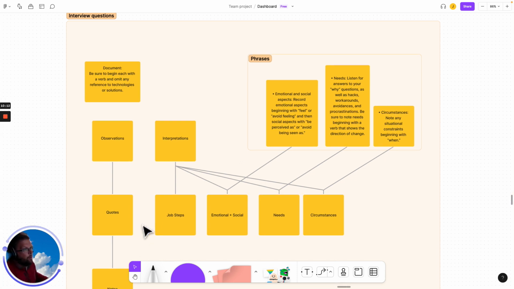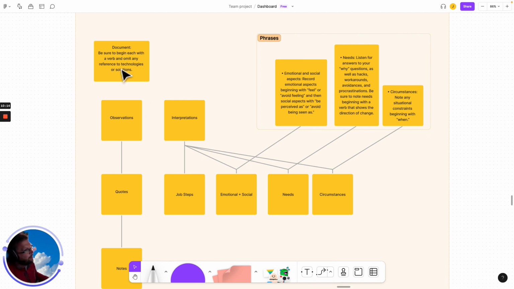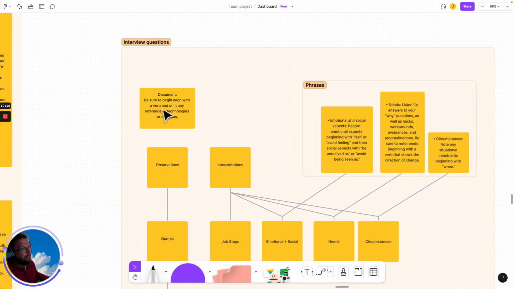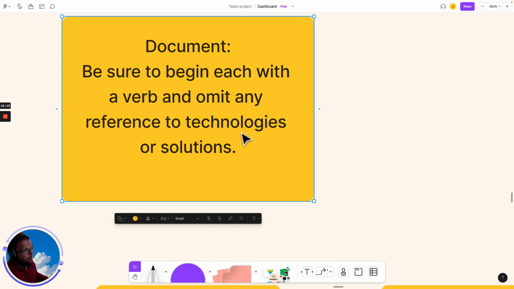So again, we want to not solve anything. When we do our documentation, begin things with a verb and omit any reference to technologies or solutions.